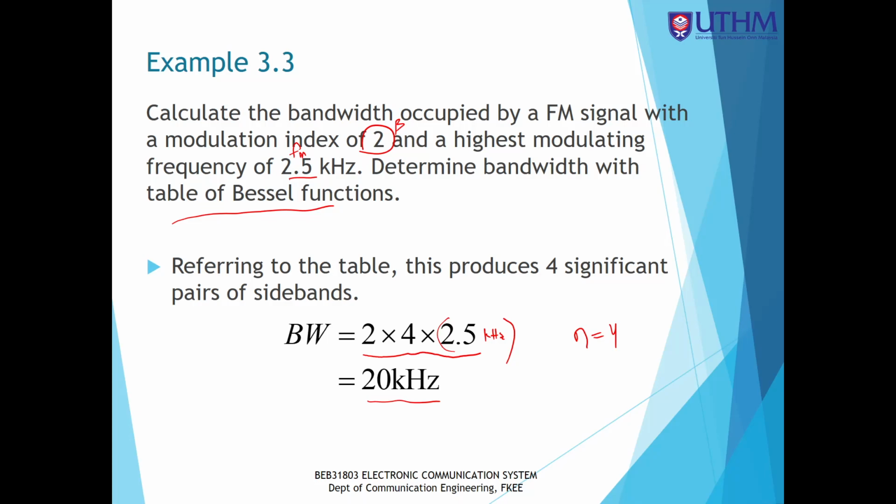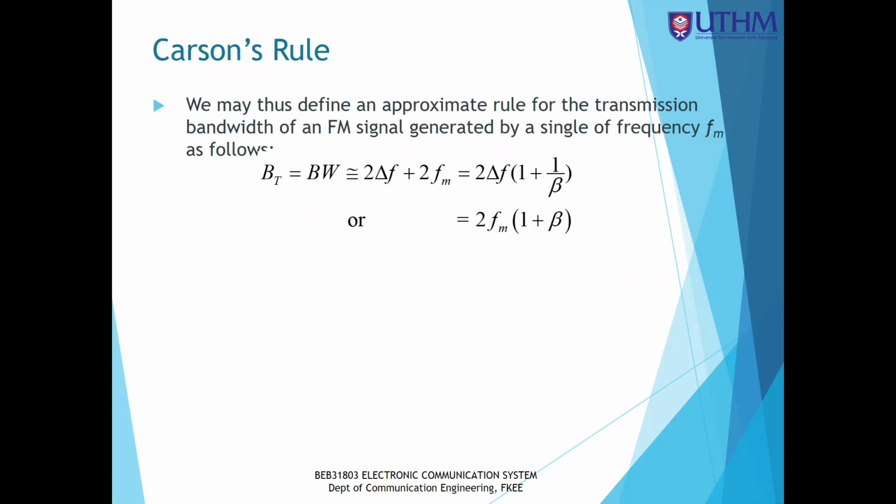Then what? Another method to find the bandwidth is bandwidth by Carson's. Carson is a person's name, adalah nama orang. Is a mathematician, where he derived the approximate bandwidth. So bandwidth Carson is known as approximate bandwidth.